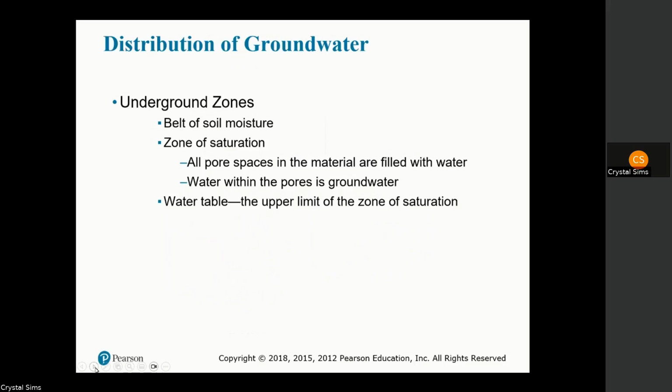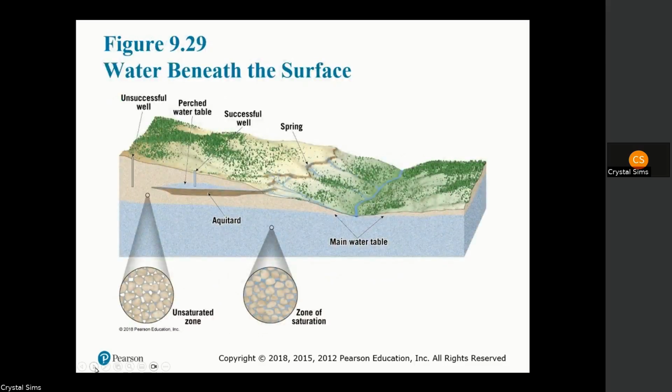So the water table is not typically level as we think about with a table. As you can see in this figure here, it is a replica of the Earth's surface, where we have the highest elevations beneath hills and then a decrease in elevation toward the valleys.